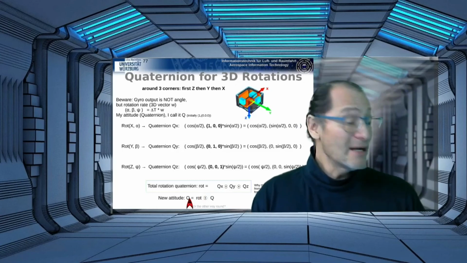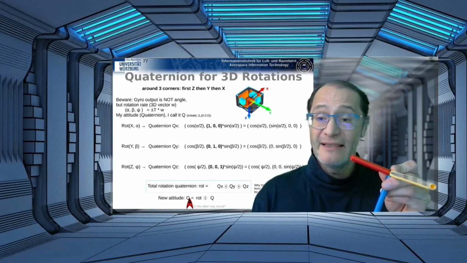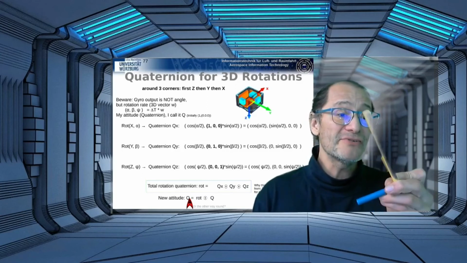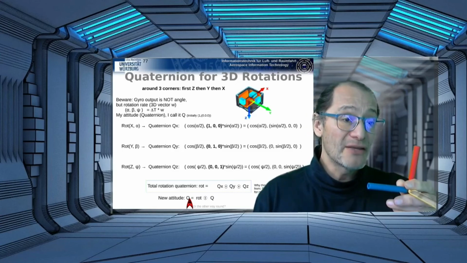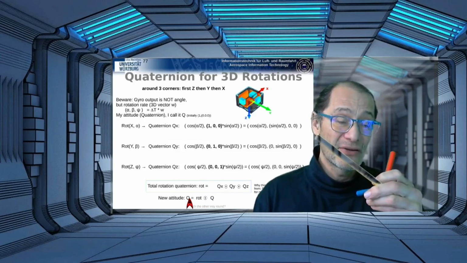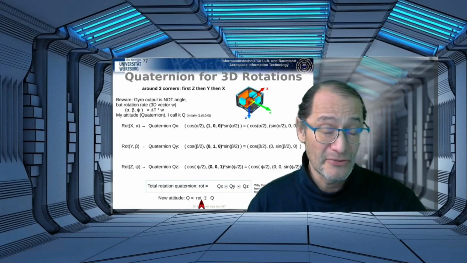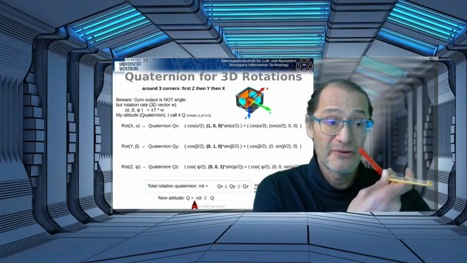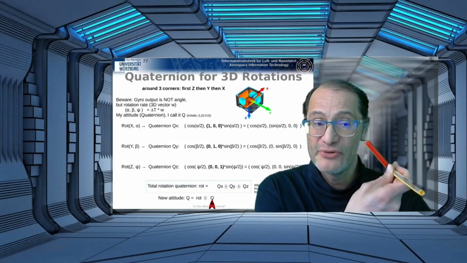The original attitude will be, for example, pointing in this direction. Then I am accumulating all rotations, and at the end I have a quaternion which tells me how I came from this original attitude to this current attitude. This is the representation of my current attitude, the integration of all rotations I have done from the beginning. So at the beginning I have to define this Q, in which direction I am looking.